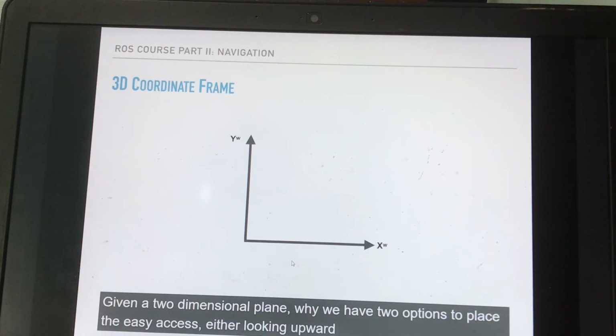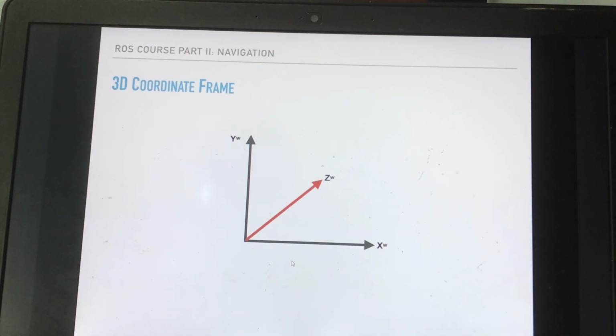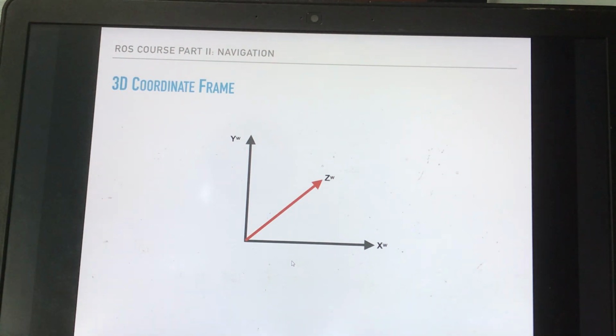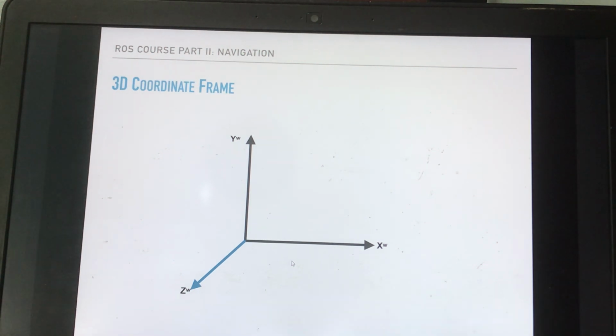Given a 2-dimensional plane xy, we have 2 options to place the z-axis, either looking upward or downward. The question is how to place the z-axis direction. One option is to have the z-axis pointing upward to the xy plane, like shown in this slide. A second option is to have the z-axis pointing downward of the xy plane.